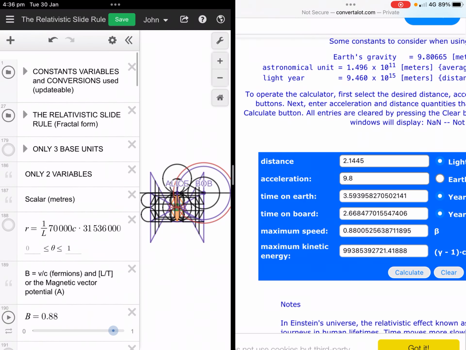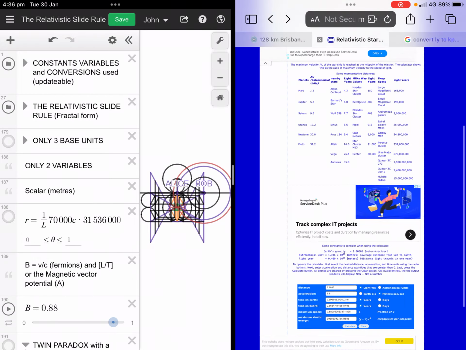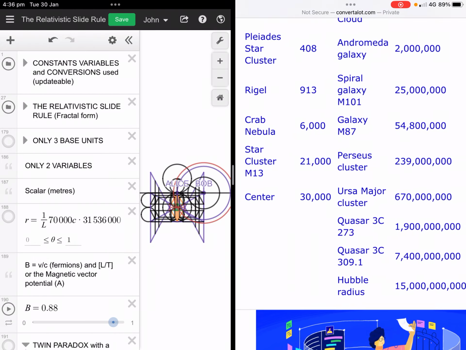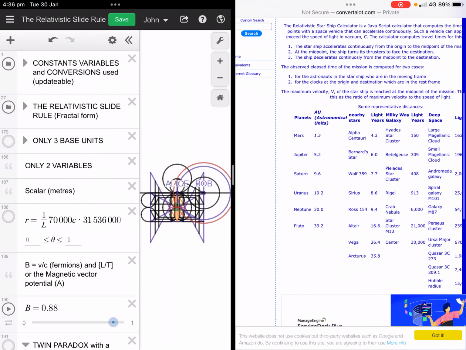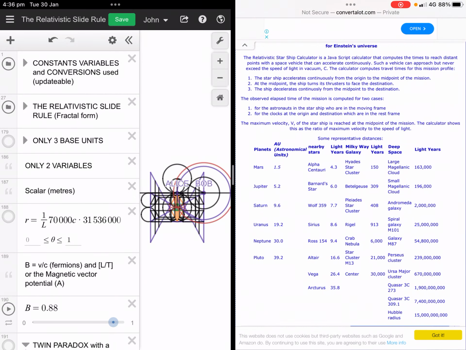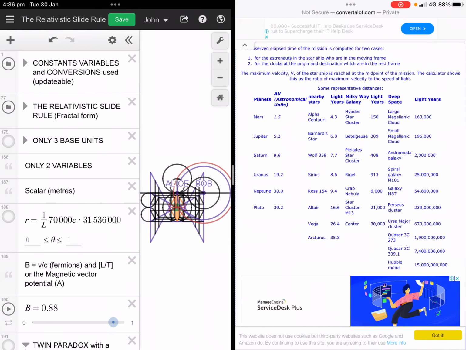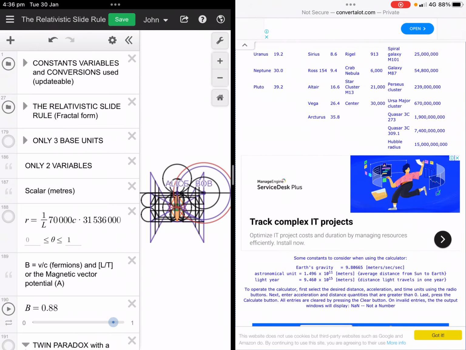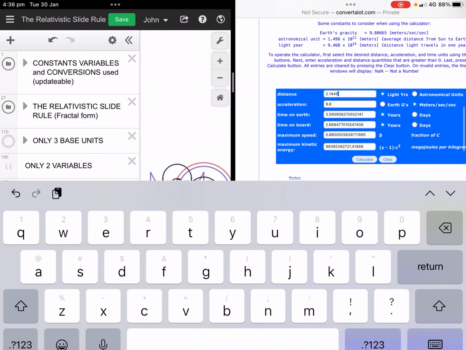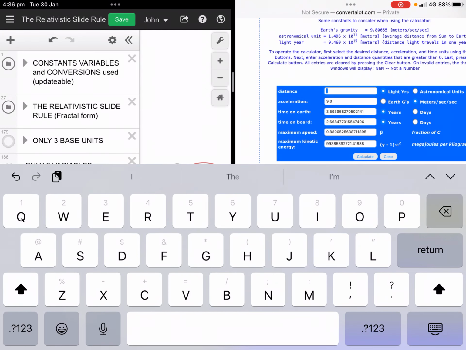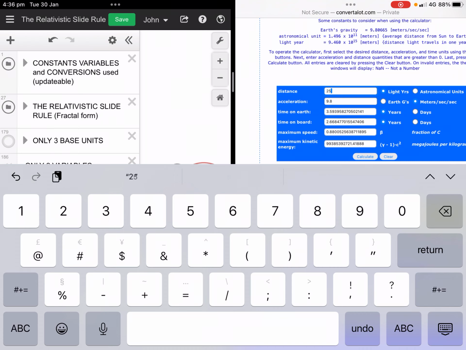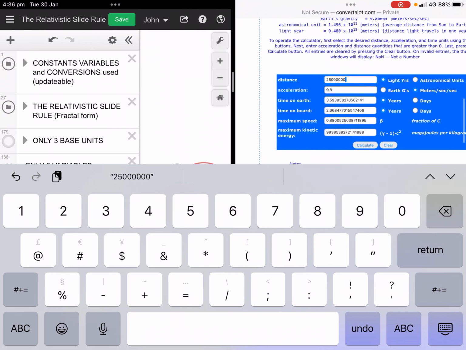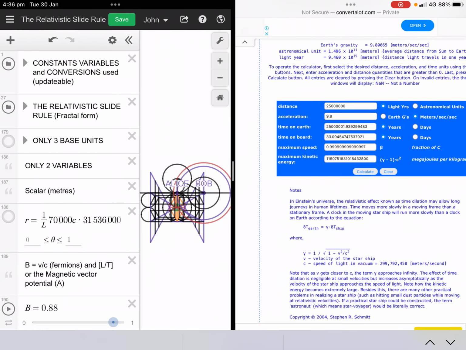Just better give another example. I'll give an example from here. Let's say you want to get to the spiral galaxy M101. It says it's 25 million light years away. Okay, so let's put that in: 25 million light years, and you want to travel at a comfortable 1g. Calculate it.